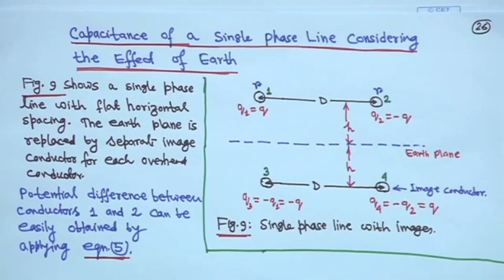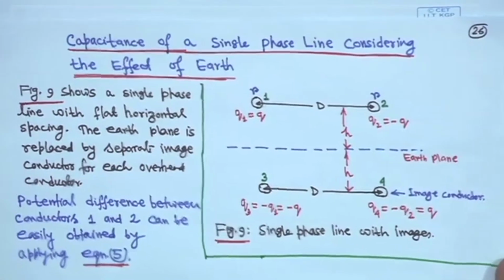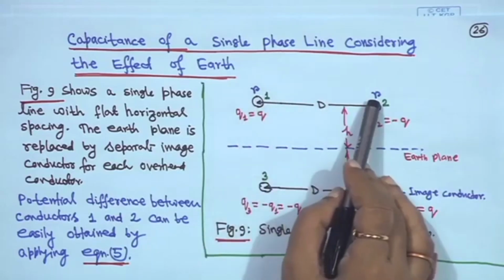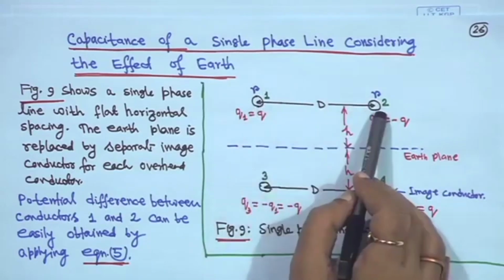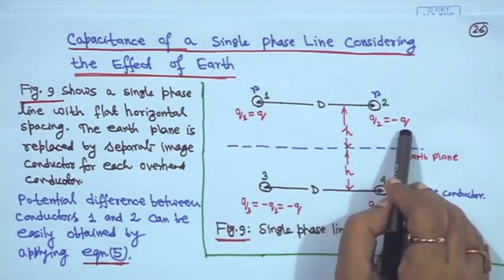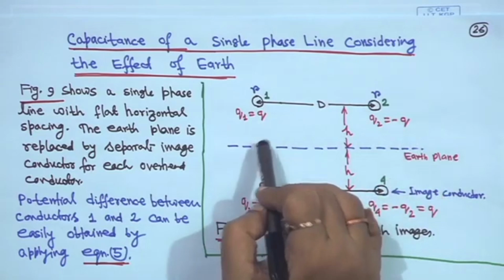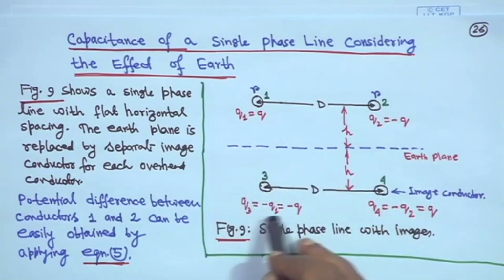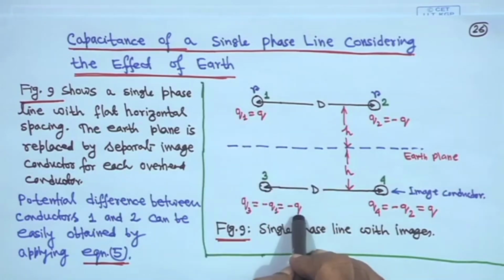We assume a single phase line with conductor radius r and two conductors. If the charge here is q1 equal to q, then naturally here q2 will be minus q, and the image charges: q3 is equal to minus q1, which is minus q.